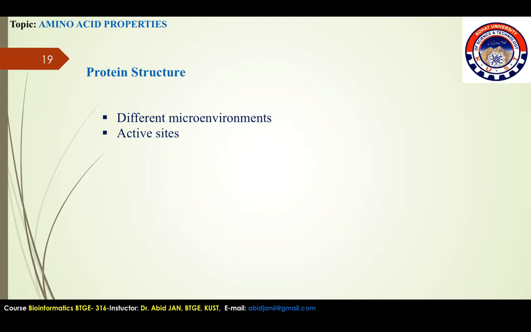Proteins also contain regions that are directly involved in protein function, such as active sites, in addition to regions that are less critical to the protein function and where mutations are likely to have fewer consequences. It is important to remember that the context of any amino acid can vary greatly depending on its location in the protein structure.